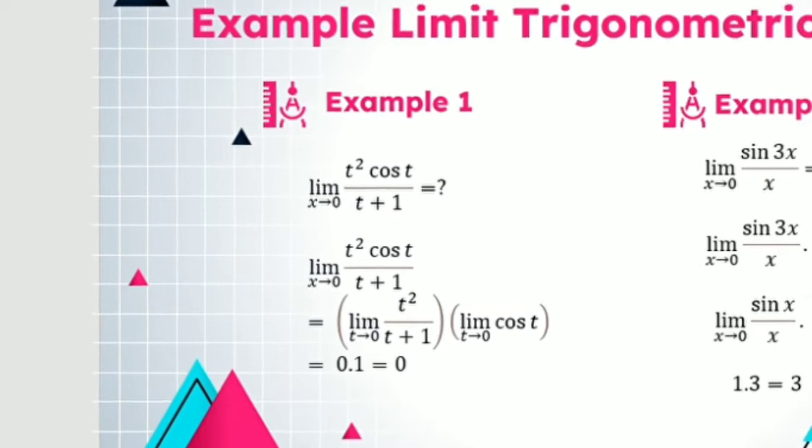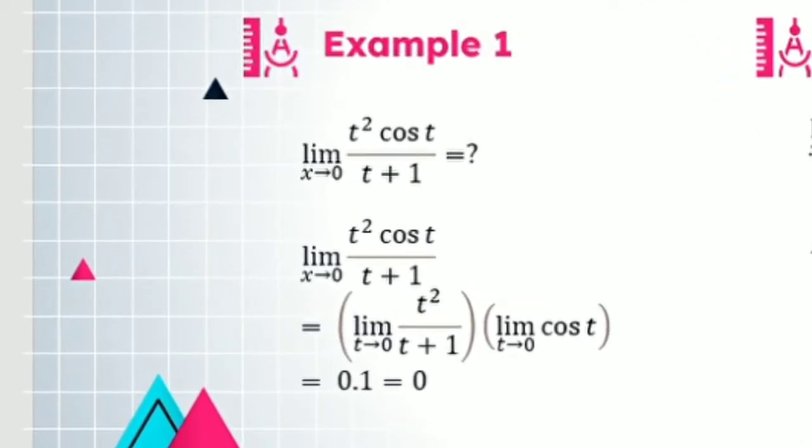For example, the first one is limit x close to 0 of t to the power of 2 cos t divided by t plus 1. We can also divide it into two types like this, and then we substitute the limit.